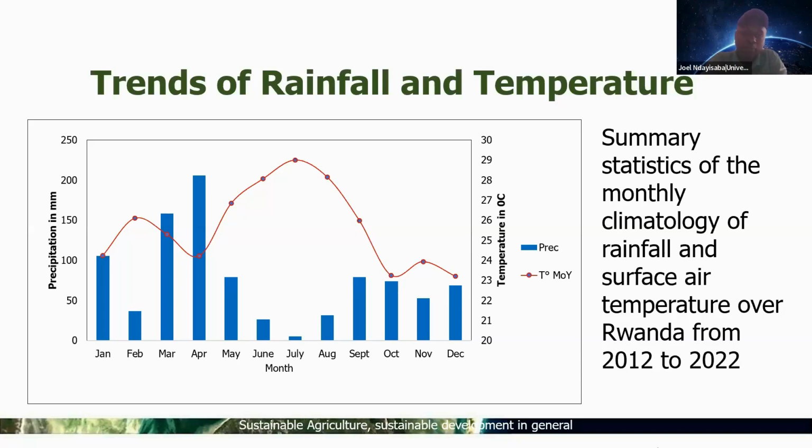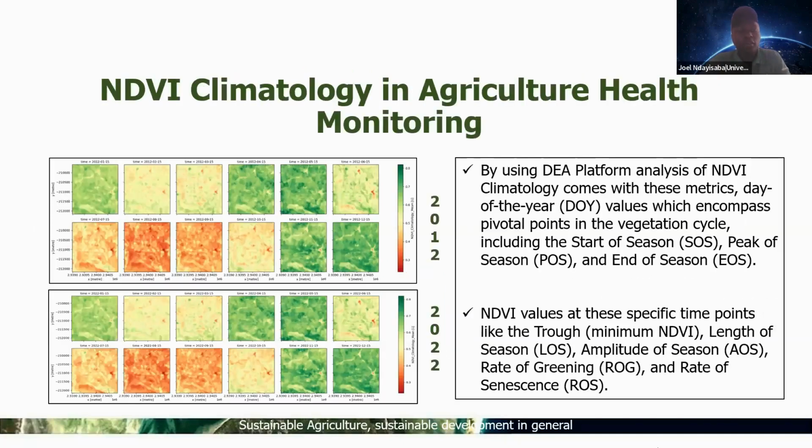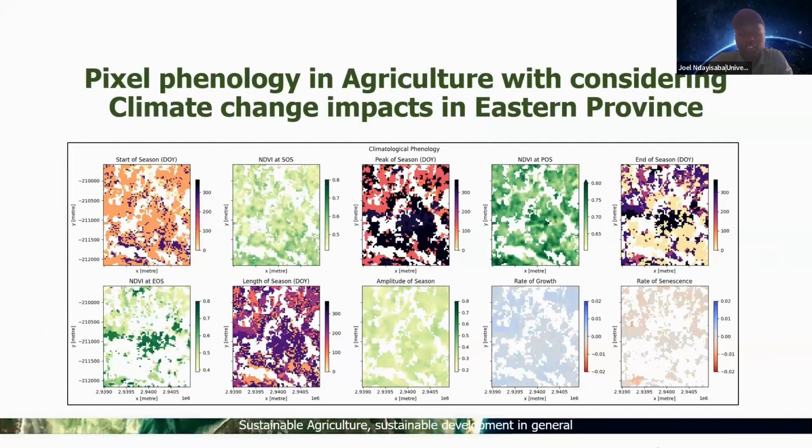All the data used to prepare this chart was obtained from Digital Earth Africa, using CHIRPS data for measuring the rainfall distribution. So here, for NDVI climatology in agriculture health monitoring, we used a range of 10 years.